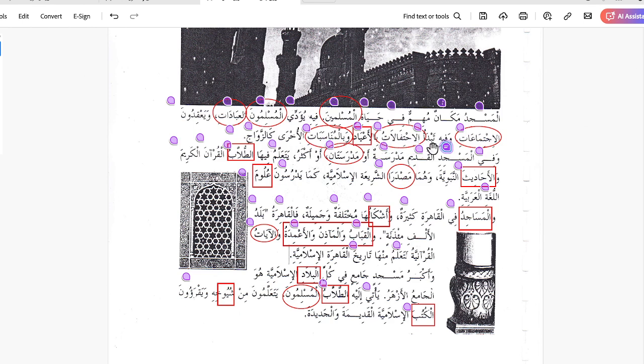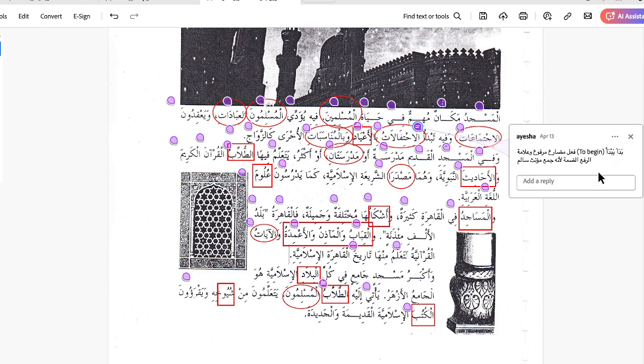Tubda'u is the verb, bada'a yabda'u, to begin. So tubda'u is fa'ilun mudari'un marfu'un wa alamatu raf'ihi ad-damma.